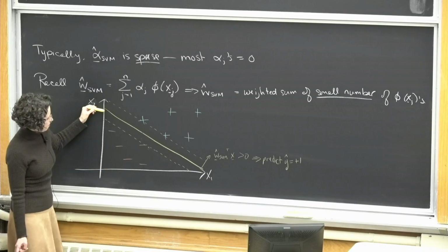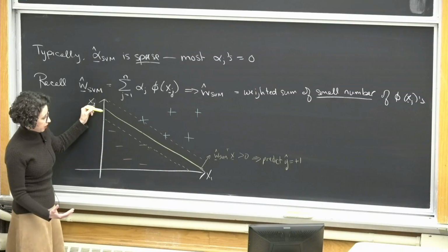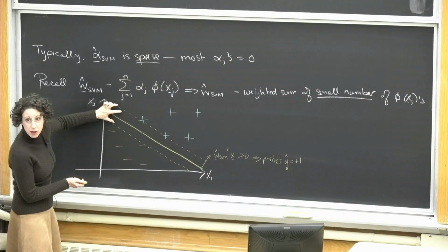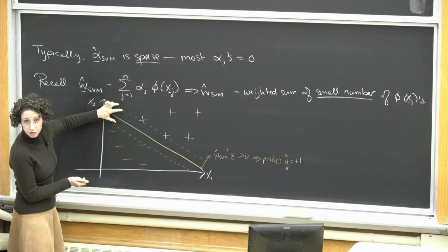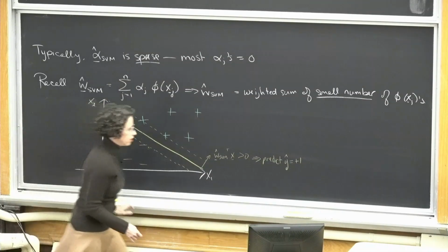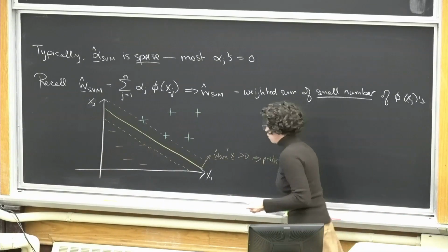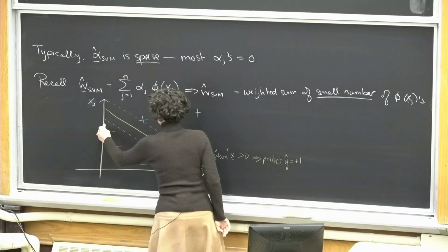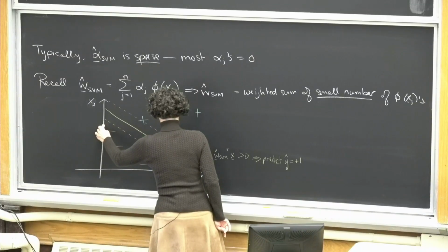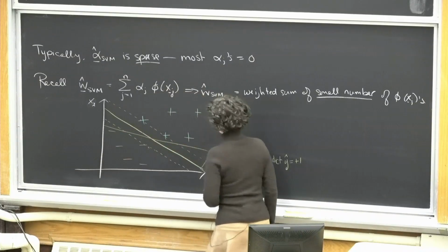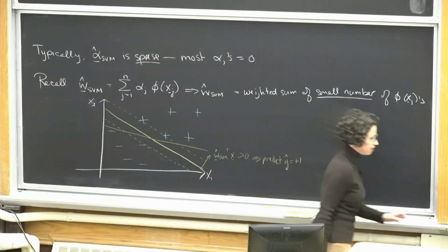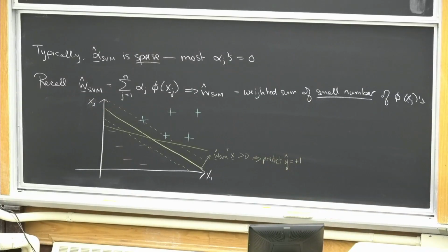But the SVM is choosing the one weight vector that makes this tube as big as possible. So to contrast, imagine that I considered a different decision boundary that looks like this. That's not enough color contrast.